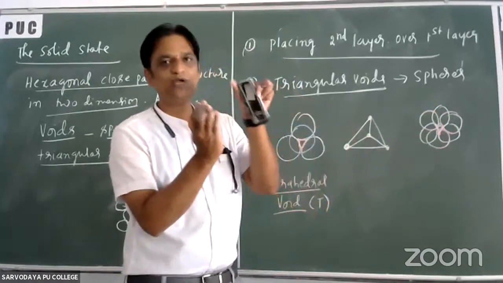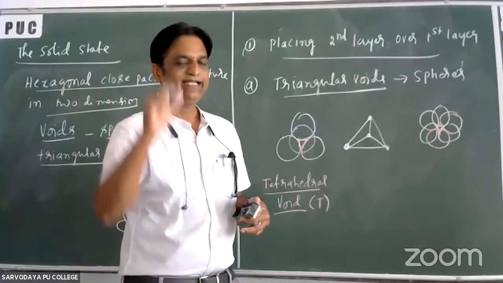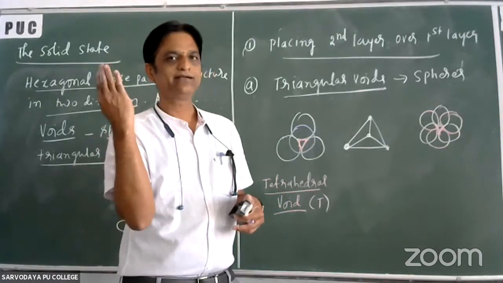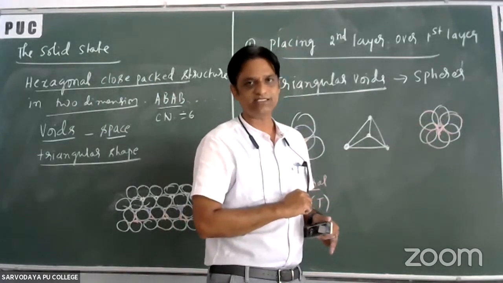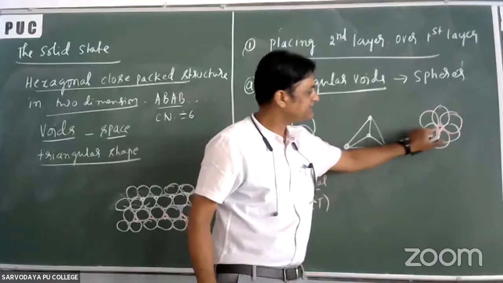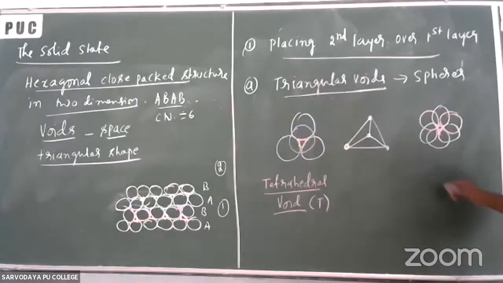So that means they do not exactly coincide. So if the triangular void of the first layer is facing downwards, the triangular void of the second layer will be facing upwards. So in some places, this type of void will be generated, and such voids are called octahedral voids, which is represented as O.